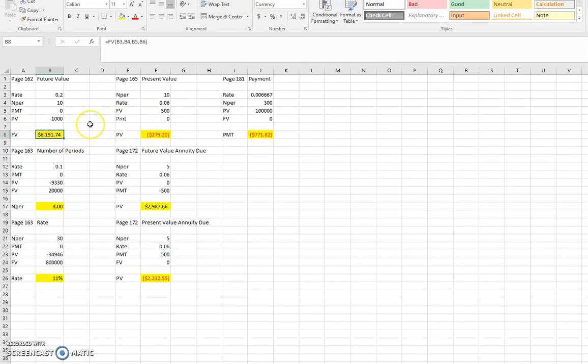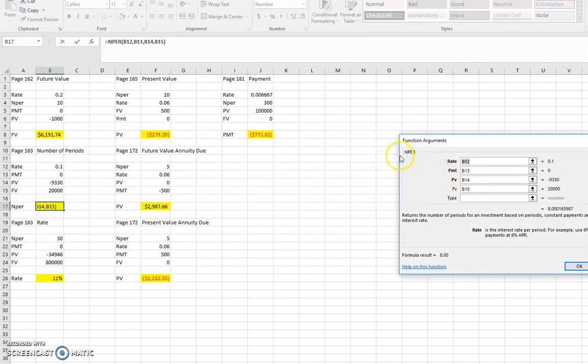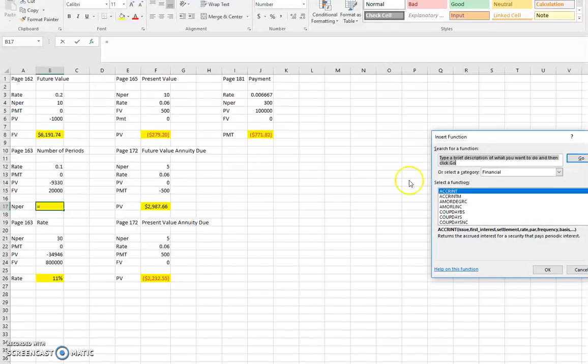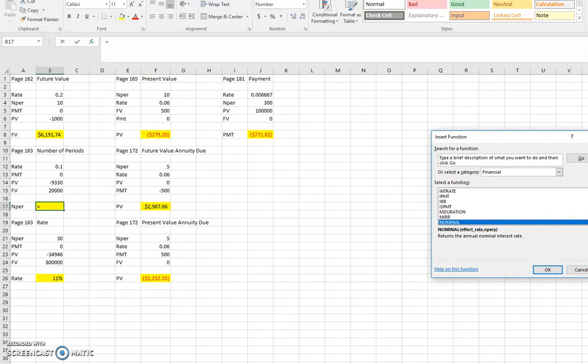And I'll put this Excel file out here as an example too. Number of periods, same thing. It's got the rate, payment is 0. Present value is how much I invested, and then what do I have in the future. Again, if I go to f of x, and this one was the number of periods. Let's say I didn't have that in there. If I just delete that out for a second, then I go to f of x and financial, and I'm going to look for number of periods, NPER.